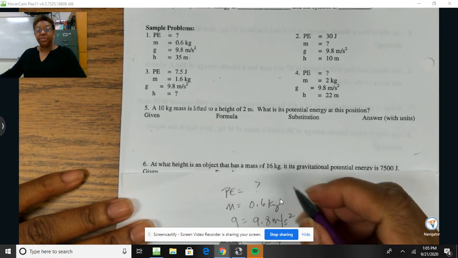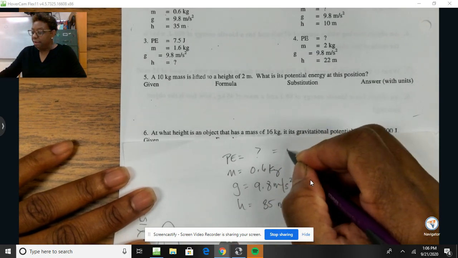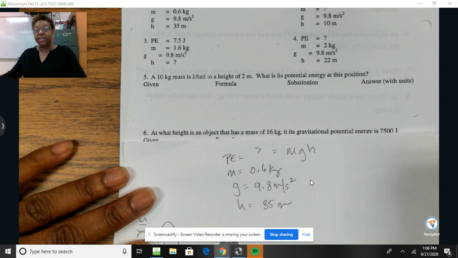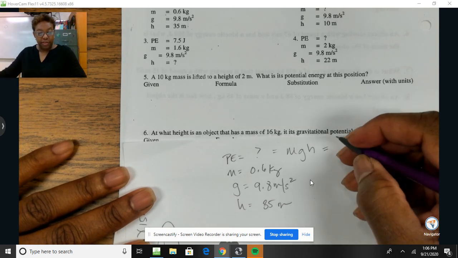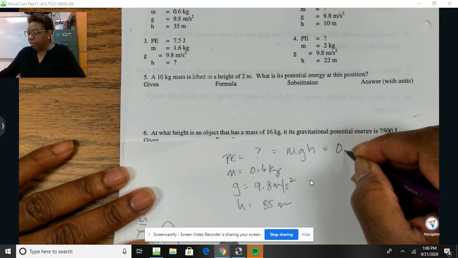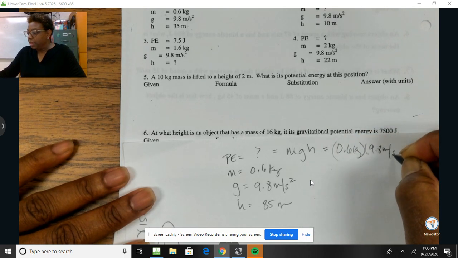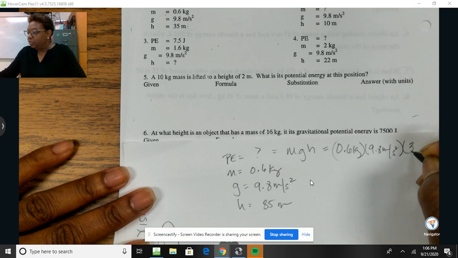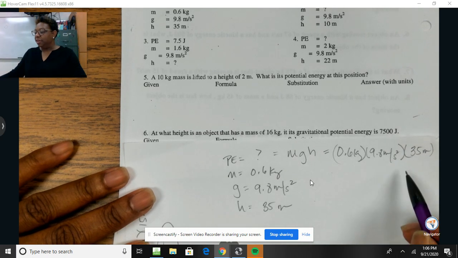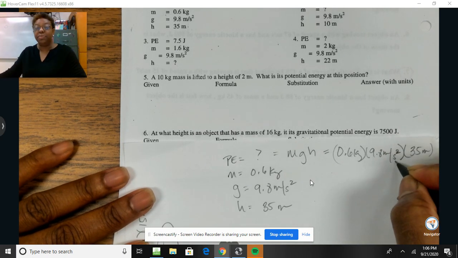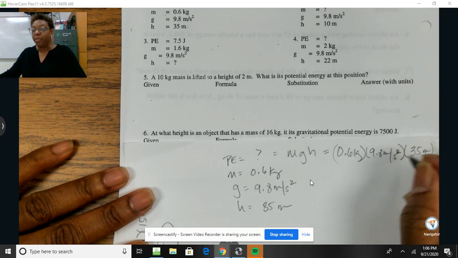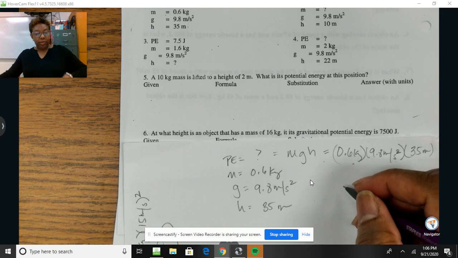You know we're solving for potential energy, which is mass times gravity times height. We plug those values in. And we're not squaring any of the values. The unit on acceleration is meters per second squared, but we don't have to square any one of our numerical values.